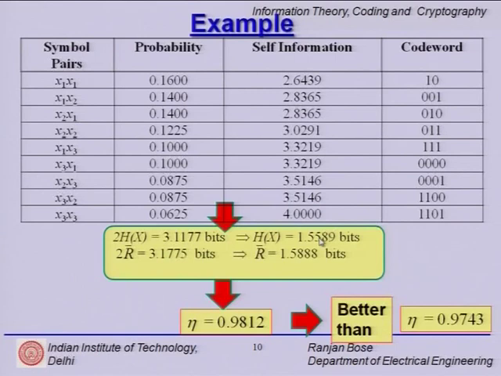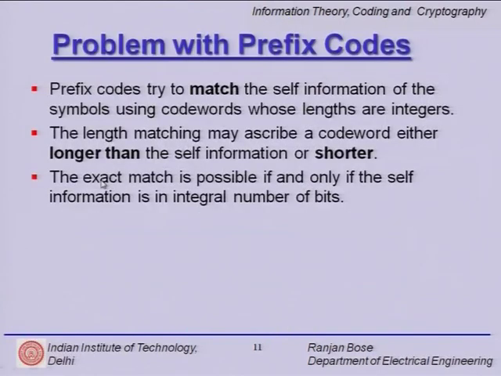Of course, it comes at a cost. The cost is the computational complexity that is involved in both encoding and decoding. So, that brings us to the problem of these prefix codes. The prefix codes try to match the self information of the symbols with the length of the code words, but the lengths as we observed are integer. So, sometimes we are better, sometimes we are worse off.